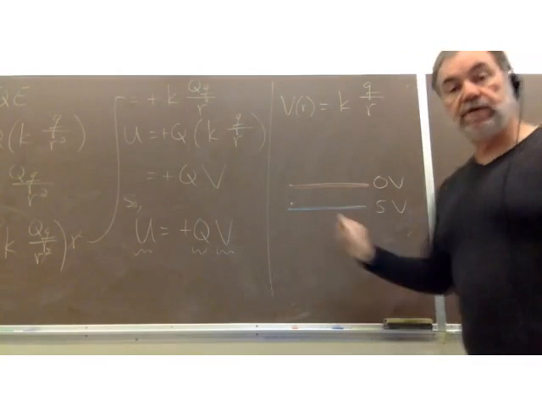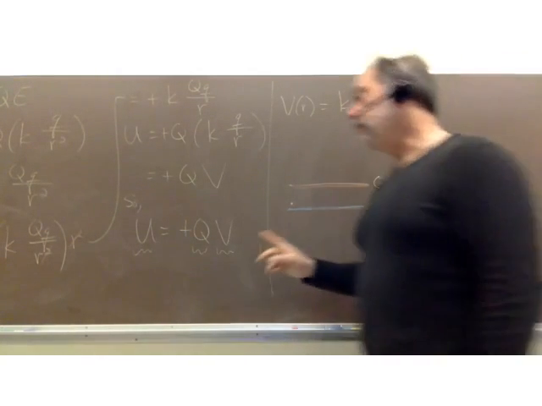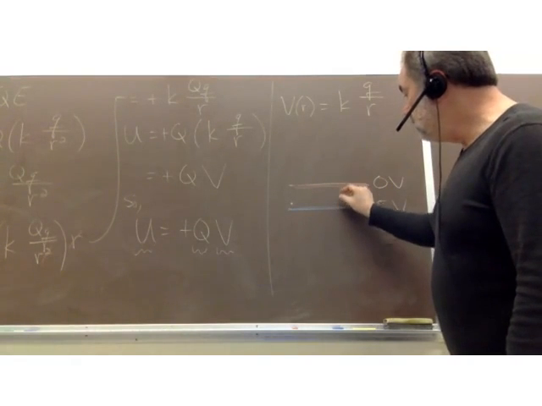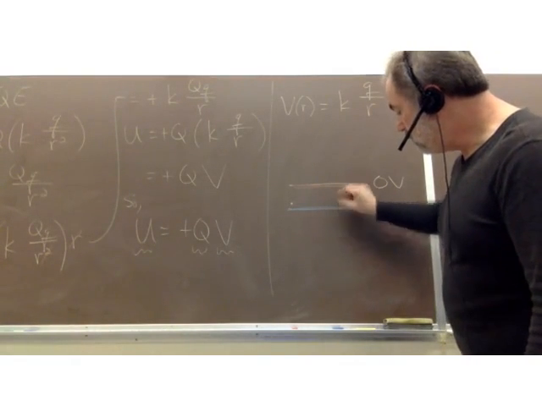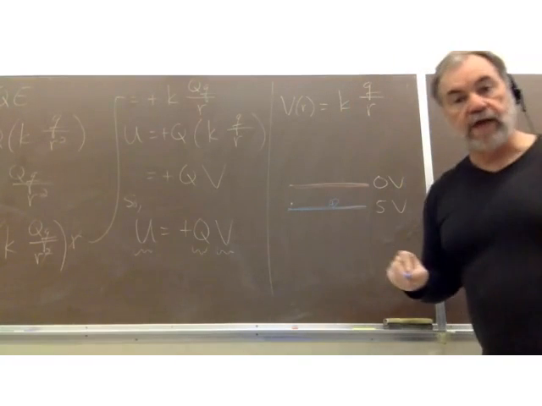And by the way, see how this matches up with what I said earlier about the direction of the electric field. Let me do it in reverse. If I took a positive charge and put it near the positive plate, you know what would happen.